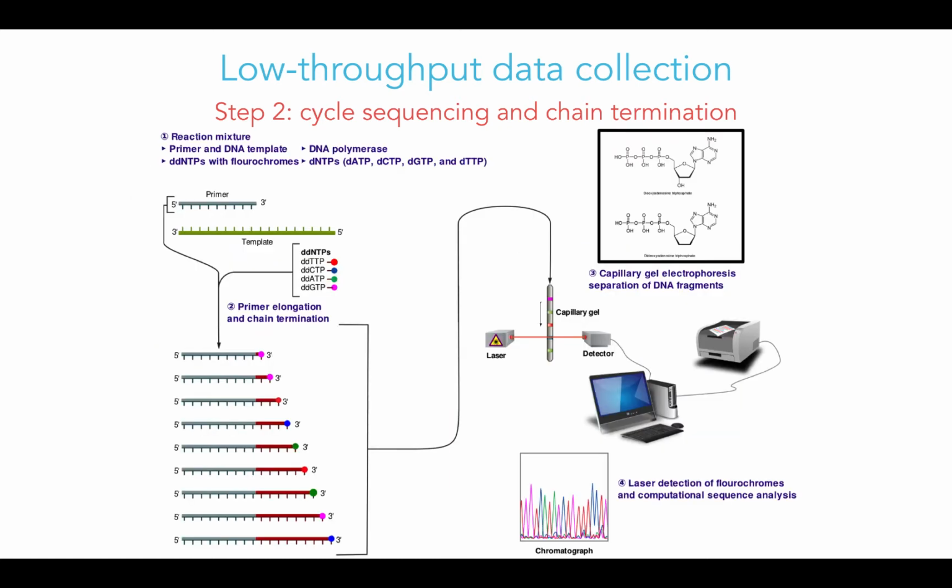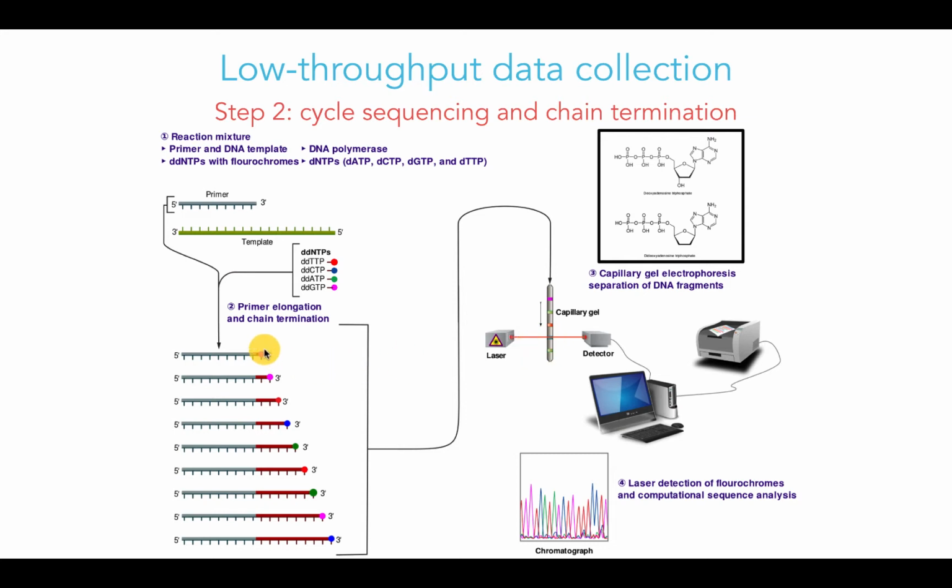And so you take that pool of those different sized fragments or amplicons and you run them in what's really a fancy gel in the form of a really long capillary tube. And just like in a gel, the smallest fragments move the fastest, so you end up with the smallest to largest going through this laser in order.